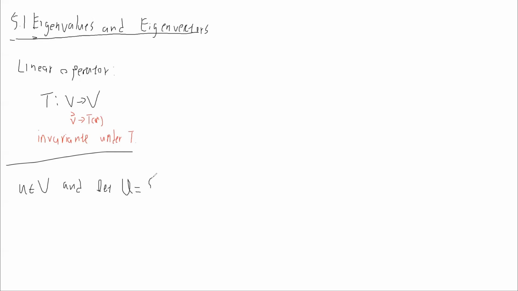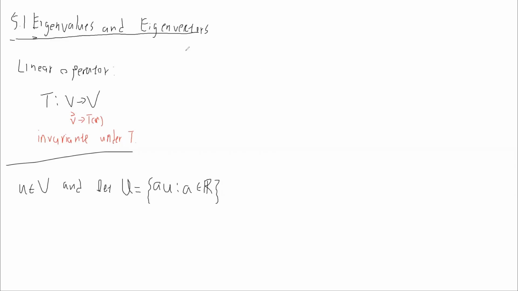So capital U is equal to some scalar a times u, such that a is some real number. Then we can say that capital U is a one-dimensional subspace of V, because we're just taking items in V and multiplying them by some scalar. Every one-dimensional subspace of V is of this form, a scalar multiple of a vector in V.